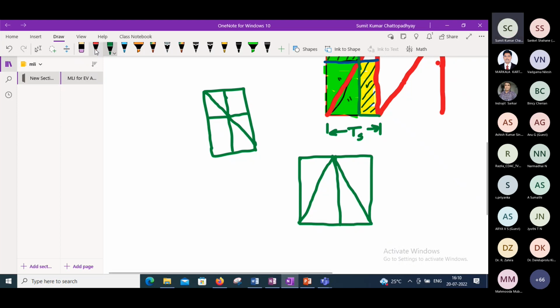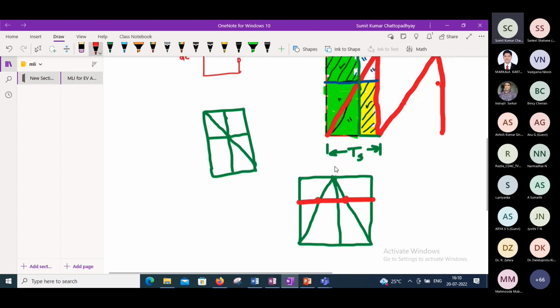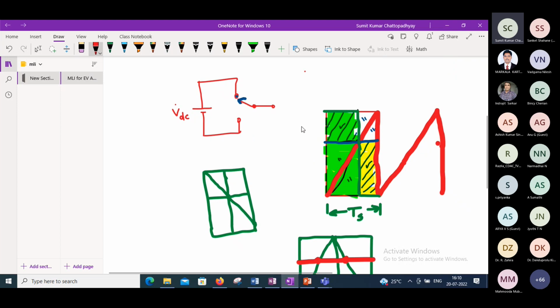And then when I'm passing the reference, assumption is that the reference is not changing much within this time period. And whatever change is there, that actually induces some kind of error in the circuit. So that actually results in non-idealities or harmonic components as well. So yes, having higher frequency of switching.